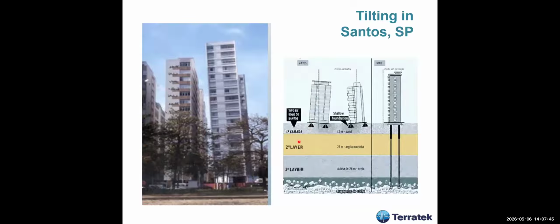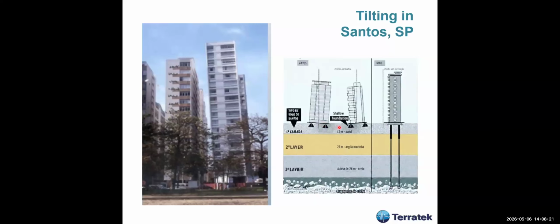It was a dense sand, about 10 meters deep, and then they had this soft clay layer. Some buildings which were built in the 50s and early 60s had shallow foundations, and this led to consolidation and tilting, especially when we had a lot of buildings nearby.